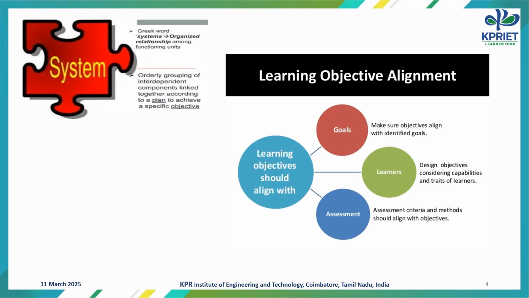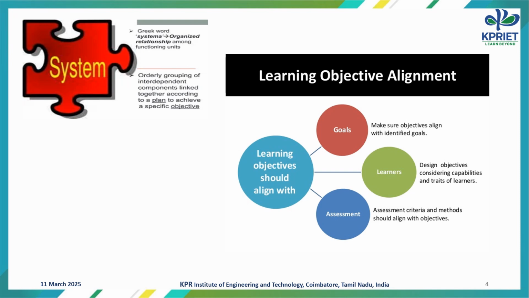Okay, clearly. Before going into it, first, what is a system? It is a simple term. We know about systems, right? It comes from a Greek word, system. Relationship among the functional units is called a system. In general, a system is nothing but a group of interacting or interrelated elements that form a unified whole.